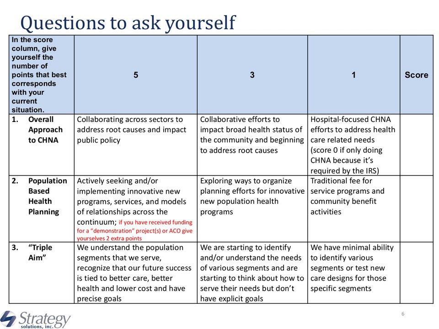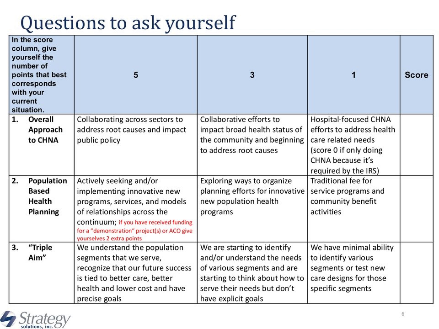Related to your overall approach to your CHNA, you would give yourself 5 points in the right-hand column if your hospital or hospital system is collaborating across sectors to address root causes that impact public policy in the course of your CHNA activities. You'd give yourself 3 points if you're working within collaborative efforts to impact the broad health status of the community and beginning to address root causes, if you're doing anything related to the social determinants of health.